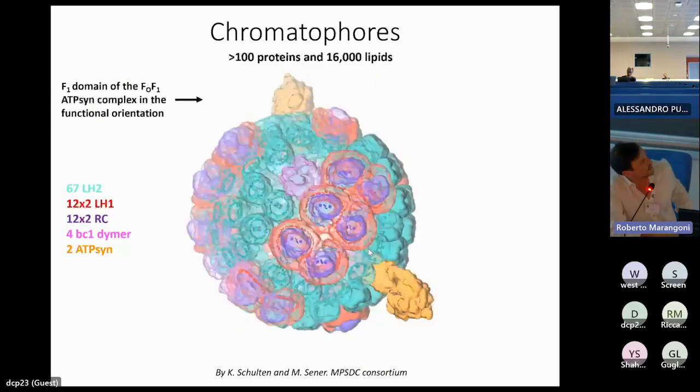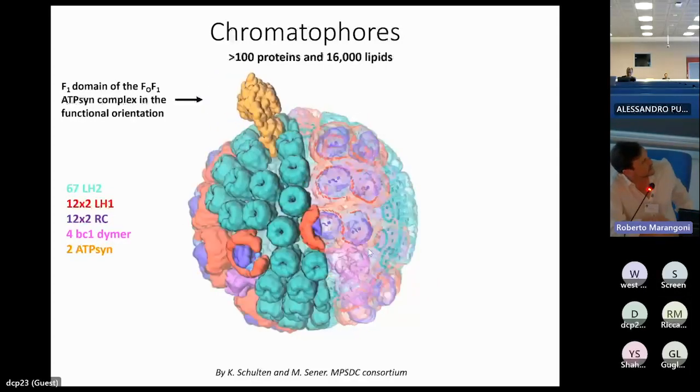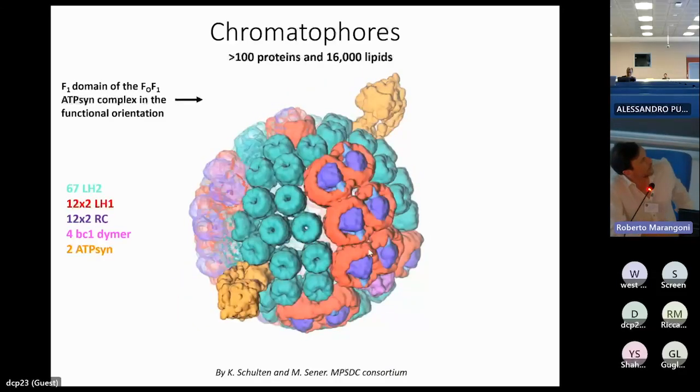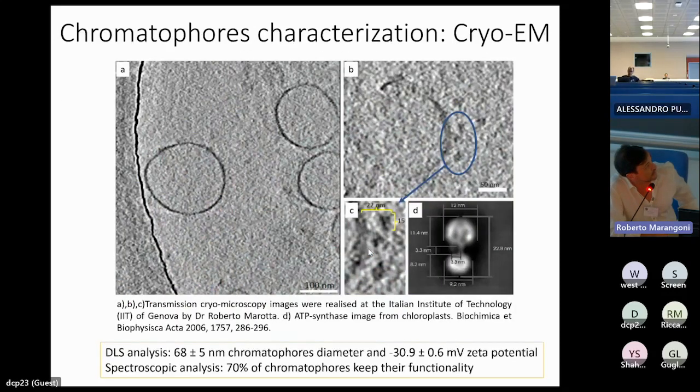This is a hypothetical model of a chromatophore that has been realized by these authors, and the size is more or less 45 nanometers, and our organelles instead are larger.